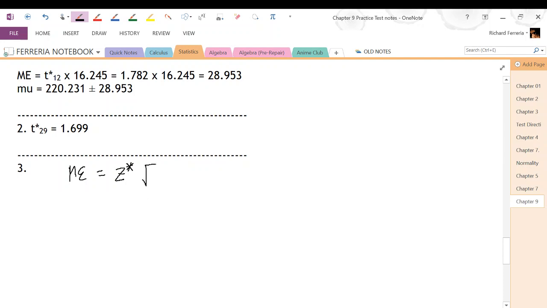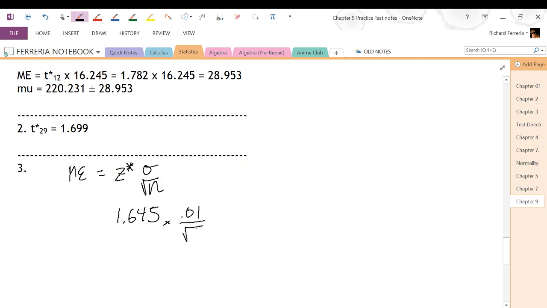Z-star multiplied by, not by the square root, by sigma over the square root of n. Z-star for 90, correct me if I'm wrong, that's 1.645. Multiplied by, we're told that sigma is 0.01.